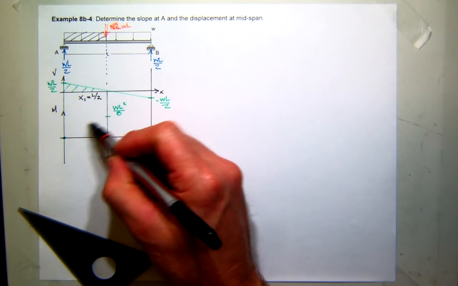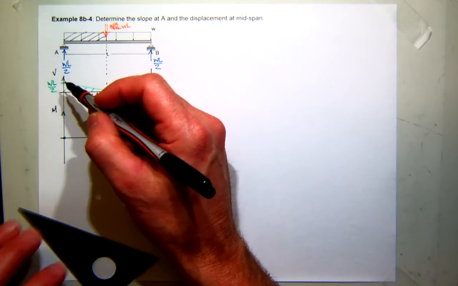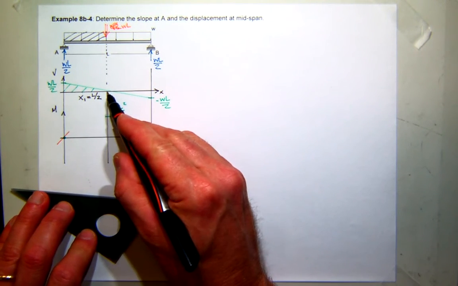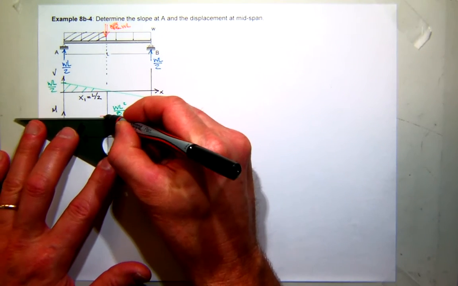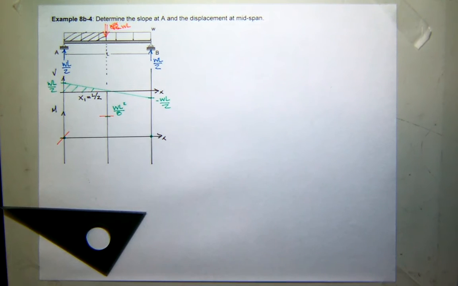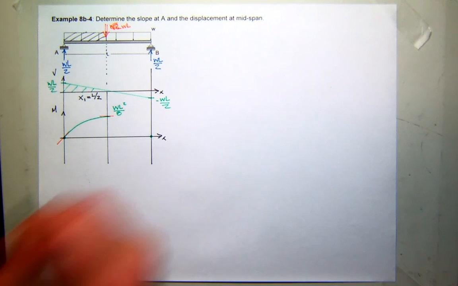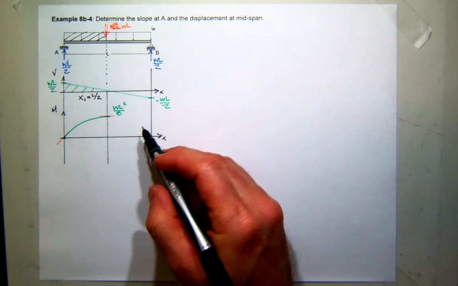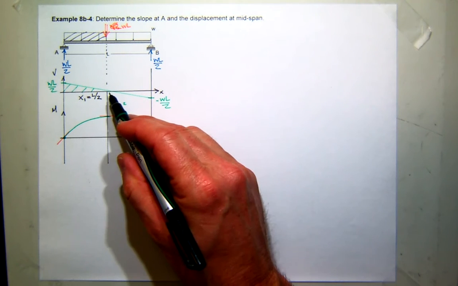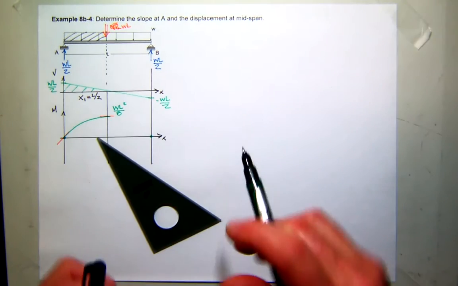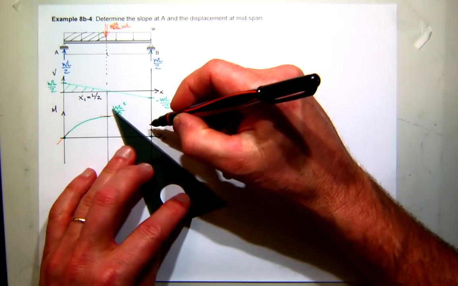Well, the shape of the moment diagram is given by the shear. So the shear is going to start off at a positive value and end at a value of 0. So I'm going to get a nice parabolic section there. Over the second section, it's going to start off with a slope of 0 and end with a slope that's negative.